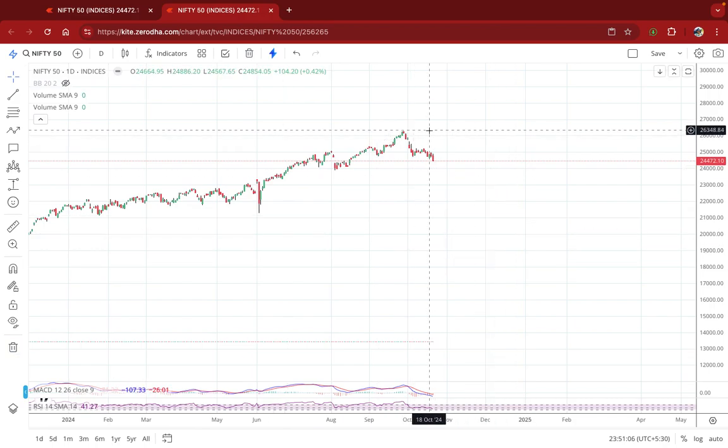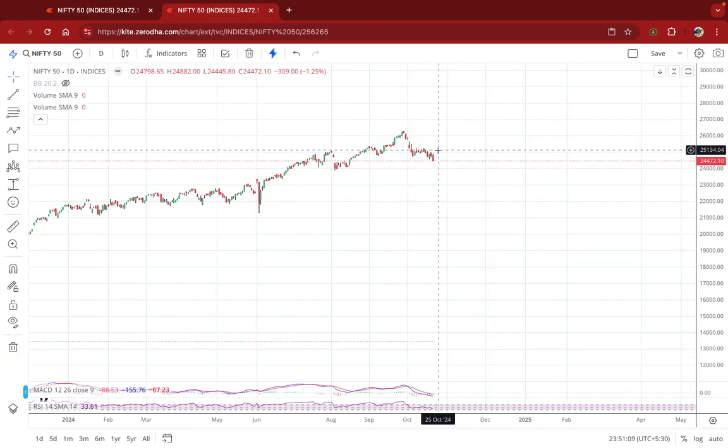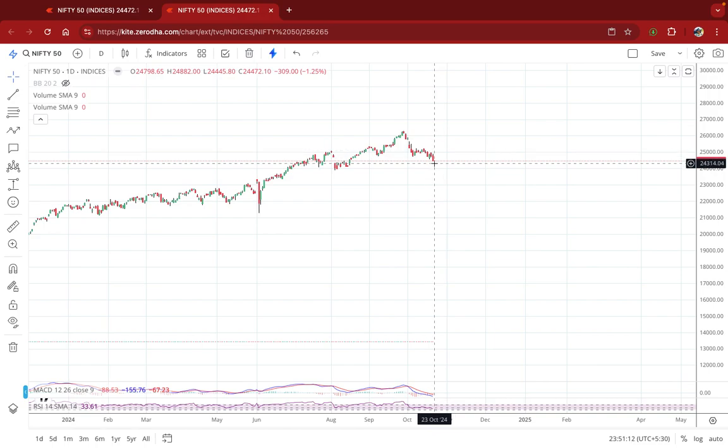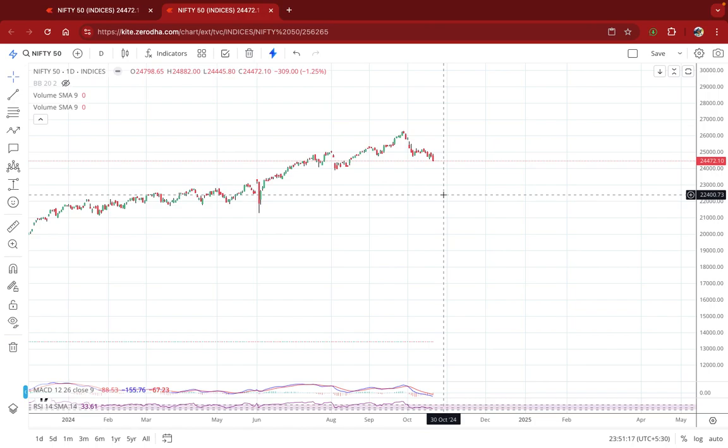Let's say you sell the 25,000 CE call of October, and when Nifty falls, it will give you some cushion against the loss you're going to incur in the equity holdings. But then again, like I said, it is not advisory. It is just for academic interest that I covered this particular chart structure and tried to give you an idea as to where we're heading in Nifty in the future.